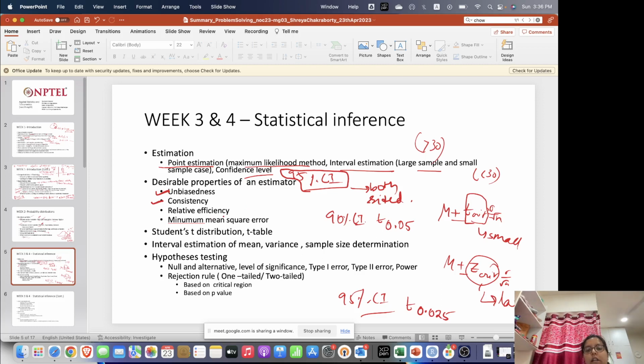Then we talked about relative efficiency, which is nothing but a ratio of the standard deviations. So we would want our estimators to be efficient and precise. And then we also talked about minimum mean squared error.